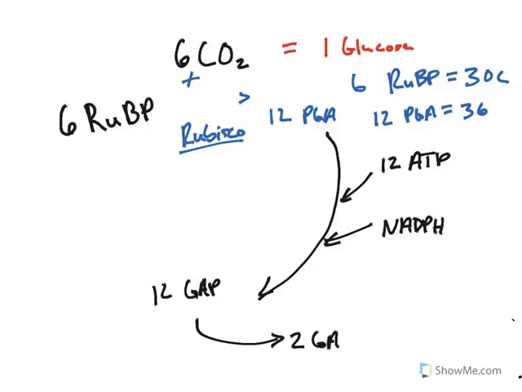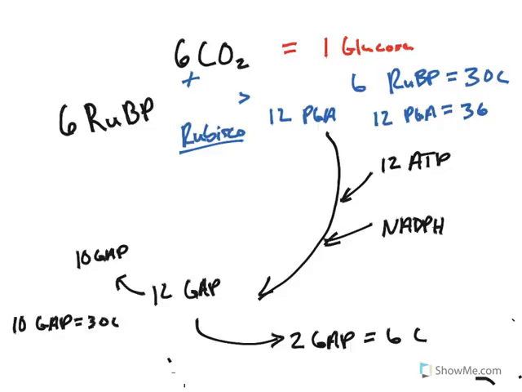From here, we're going to export 2 of our GAP molecules. 2 GAP molecules is the same carbon formation as PGA, so we're losing 6 carbon, and we are left with 10 GAP, which will leave us with 30 carbon. So our 10 GAP, each one being 3 carbon, leaves us with 30 carbon left.